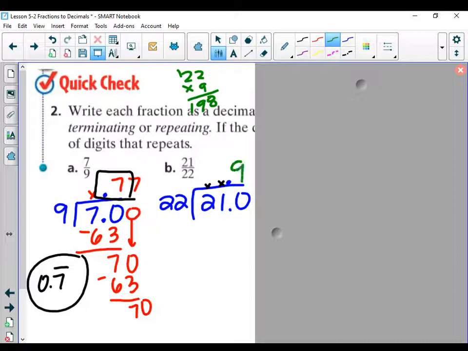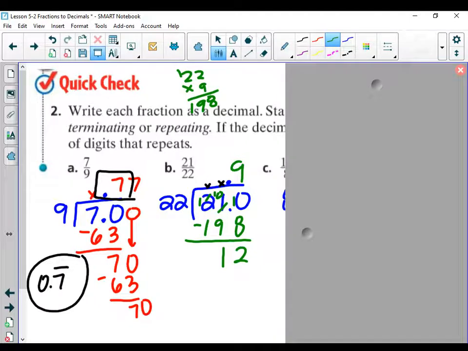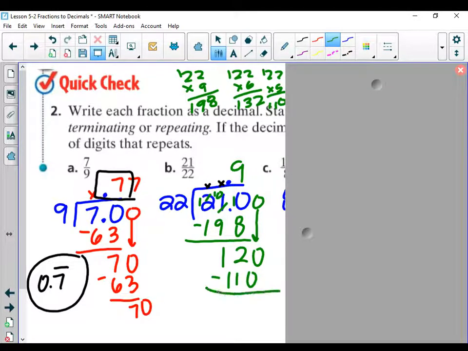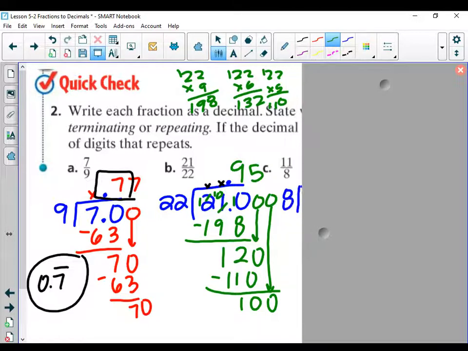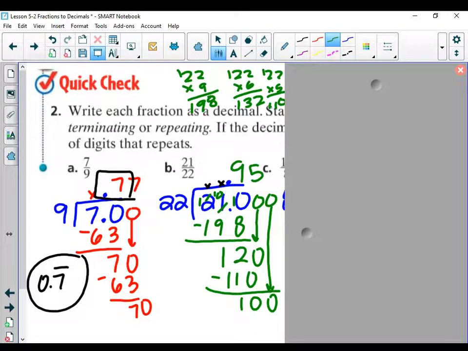I guess big, it worked out. Oh, too big. I'm running out of room. I hate when that happens.